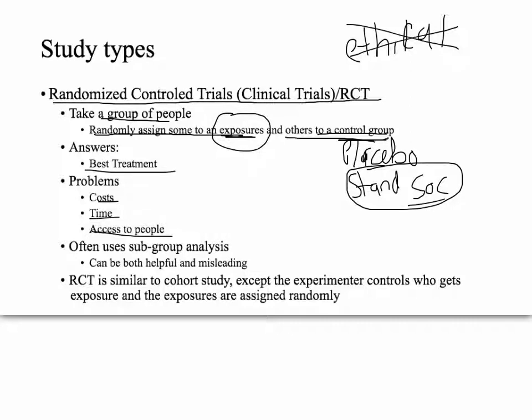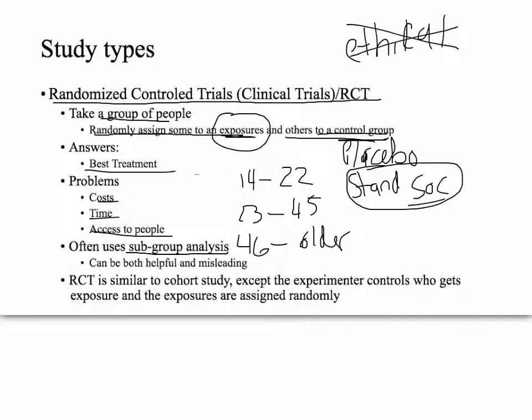Now, oftentimes, these kinds of studies will use subgroup analysis. So if a medication that you're using doesn't perform better overall than the standard medication, then you might break it down and say between ages 14 and 22, from 23 to 45, and from 46 through older.